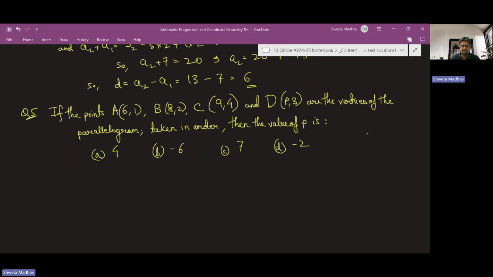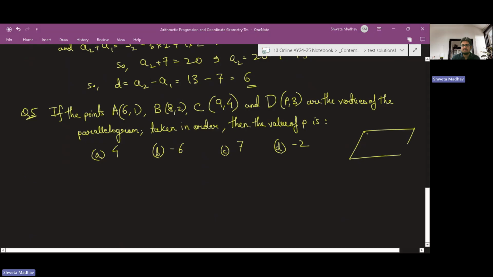So these points are the vertices of the parallelogram taken in order, then the value of P is. Of this parallelogram, the vertices are taken in order A, B, C, D.